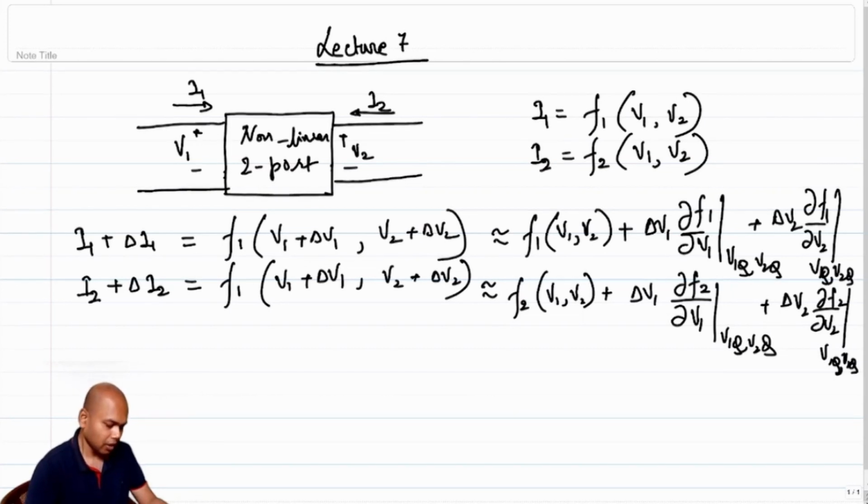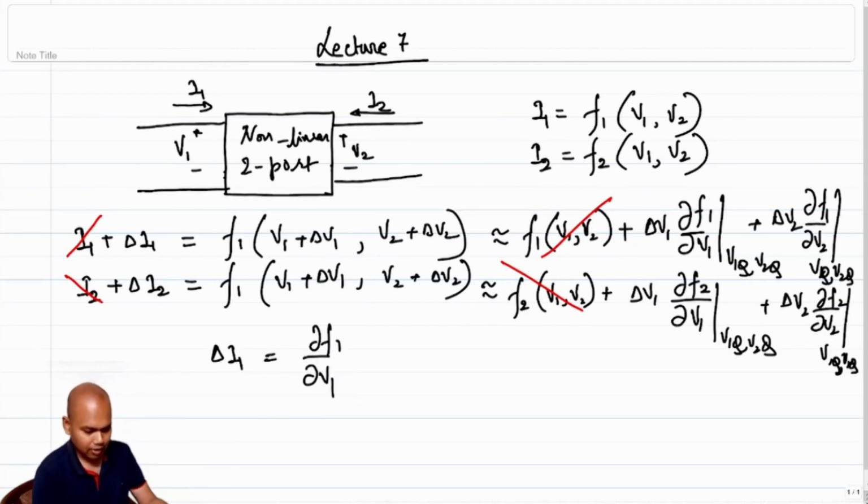Naturally, what followed was that the quiescent terms were identical on both sides, and we could simply write delta I1 as del f1 del V1 times delta V1 plus del f1 del V2 times delta V2. I am not repeating that these are around the quiescent points; that is implied.